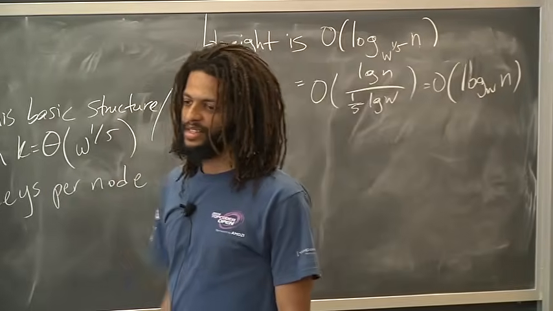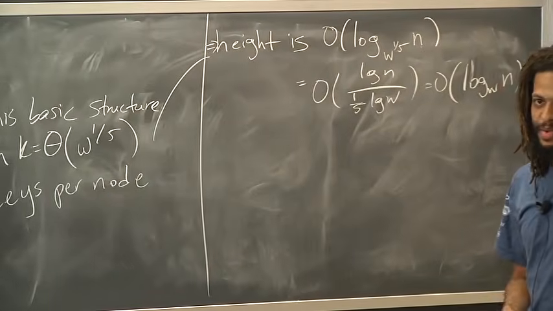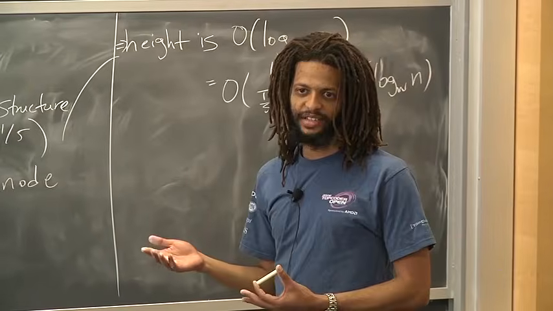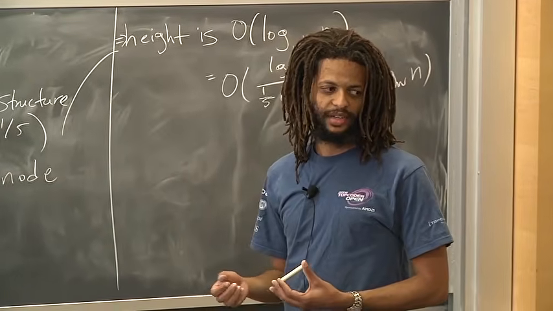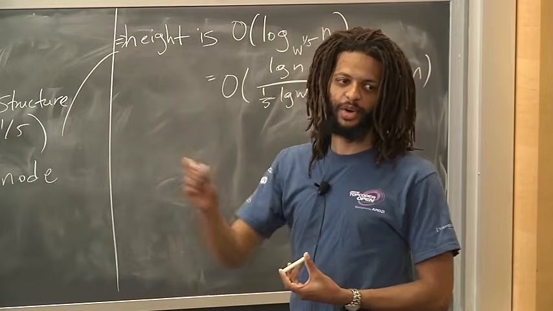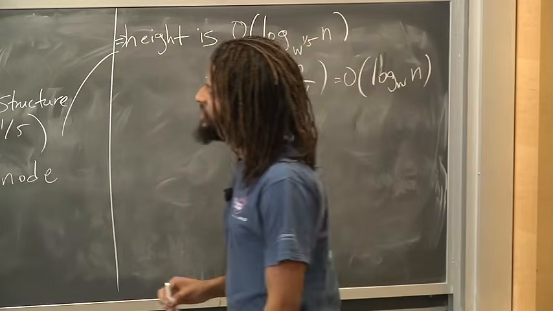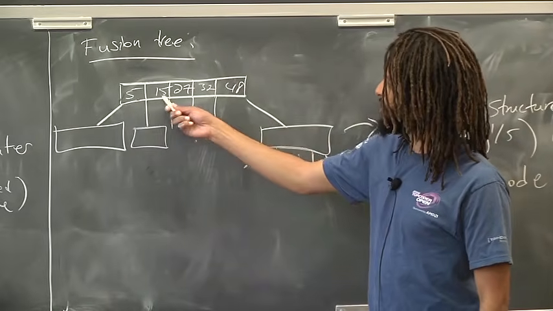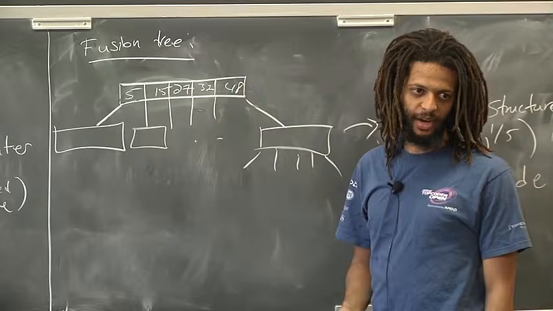Okay. But there's of course a problem here, which is our time is not just the depth of the tree. We also have to take into account how much time we spend at each node of the tree. So naively, what you might think to do is start at the left, see where I am, and then go down.